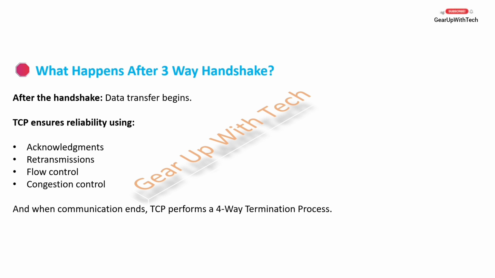Suppose the source device has less bandwidth than the server device, so it will send small-sized segments. It also controls congestion in the network, like how a traffic police controls traffic on roads. The same way it works here. Once one side gets clear, the traffic police allow that side and stop the other side of traffic. It works like that in TCP in a network.